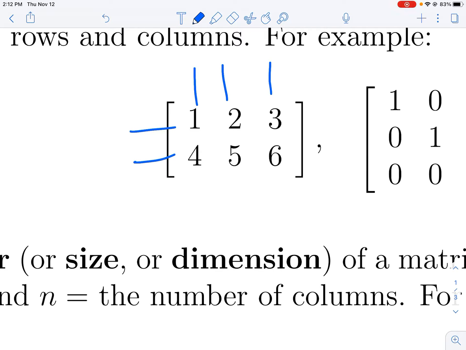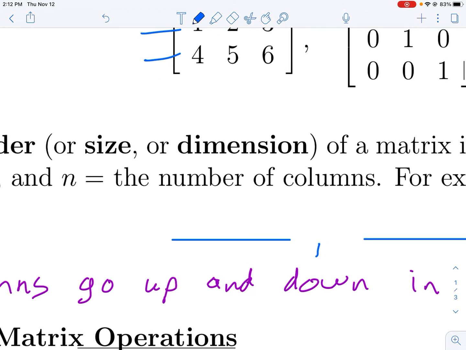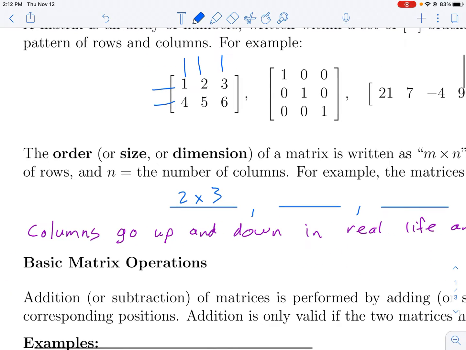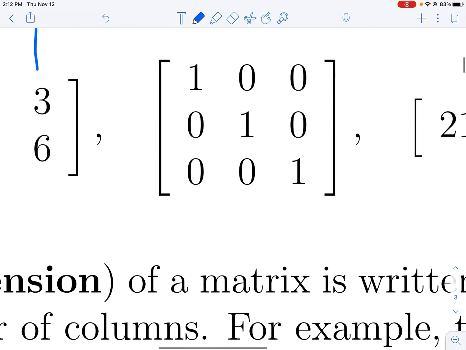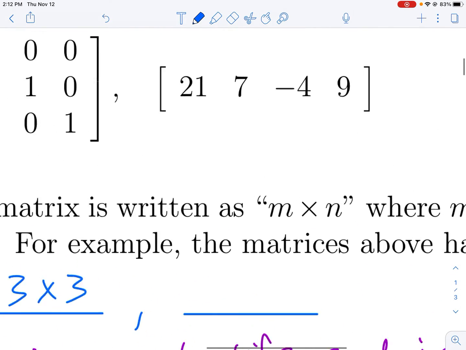And so we can write the dimensions or the size of a matrix based on the number of rows and columns. And so this first one here is 2 rows and 3 columns. So we call it a 2 by 3 matrix. This one here has 3 rows and 3 columns, so it would be a 3 by 3 matrix. And then my last one here, it's kind of weird.